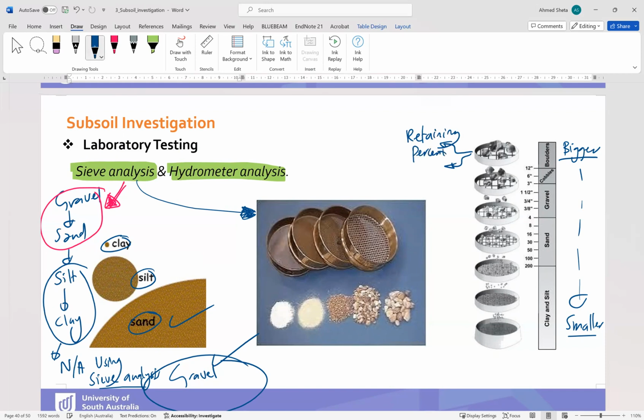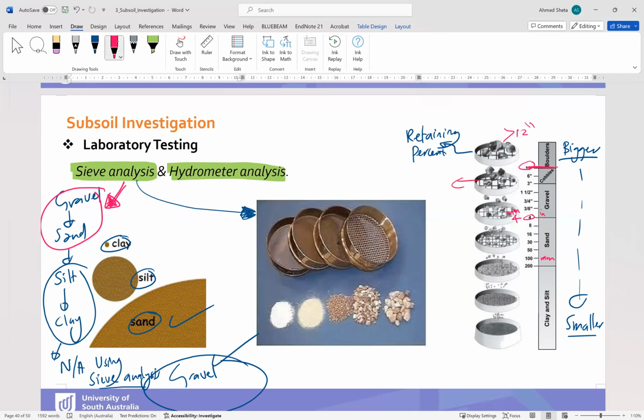The retaining will be more than this size. For example, this is a size of 12 inches, so the retaining here is more than 12 inches. And the retaining here, for example, is 4 millimeters. This dimension is in millimeters, and the dimension up to here is in inches, and so on.